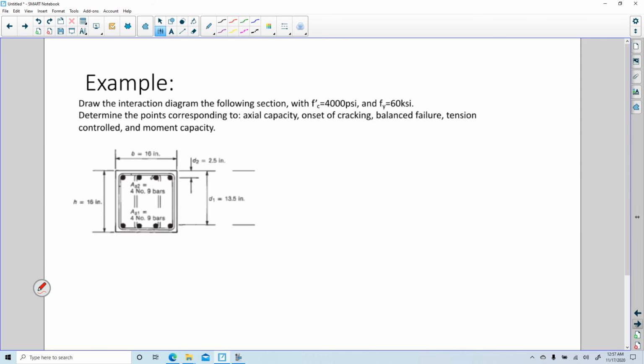Okay, so we're going to draw the interaction diagram and we're going to determine PN and MN. And we're going to come back and add in our phis after we do this.